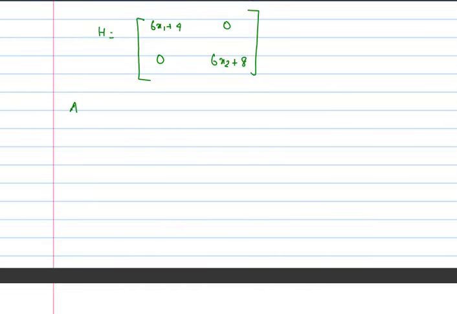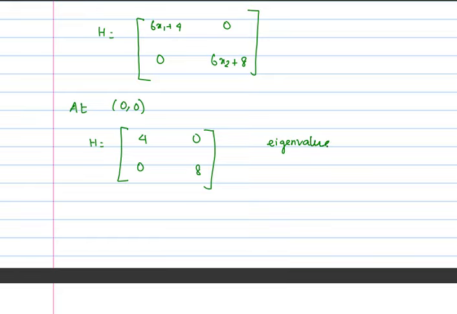At (0, 0), my Hessian matrix becomes, putting x1 as 0 and x2 as 0 in this matrix, 6 times 0 plus 4 is 4, 0, 0, 8. So this is a diagonal matrix, and all the eigenvalues are the main diagonal elements only. So the eigenvalues are 4 and 8.